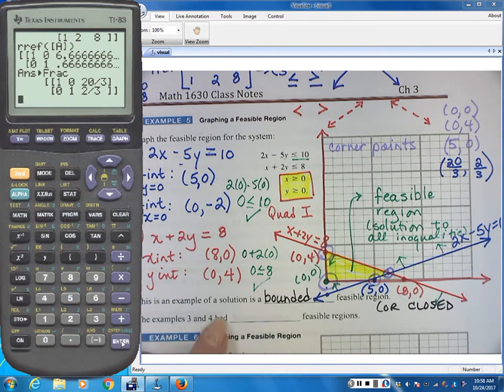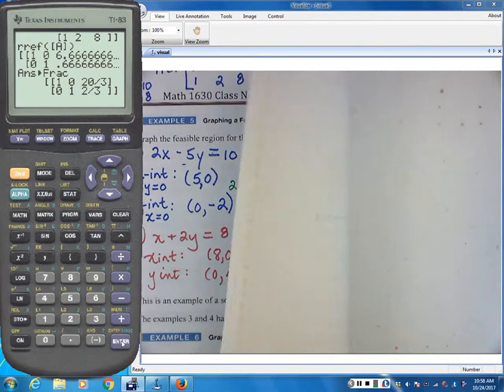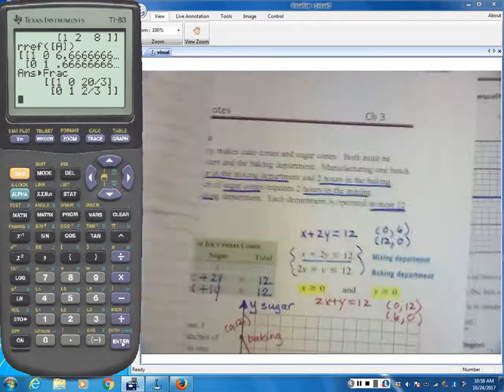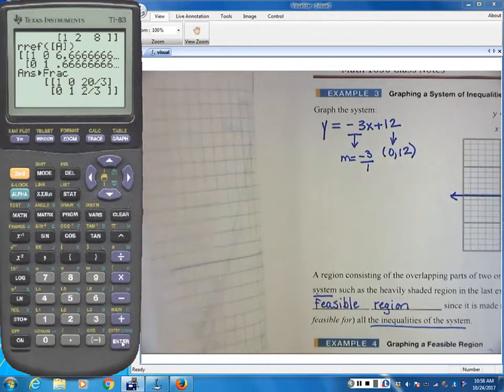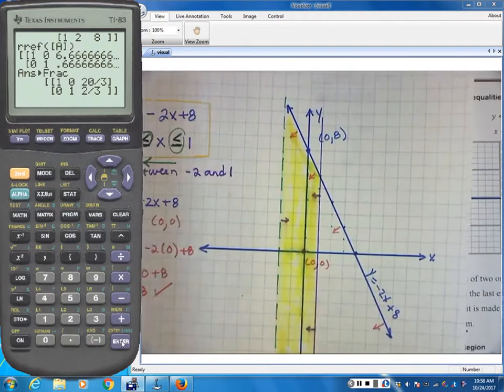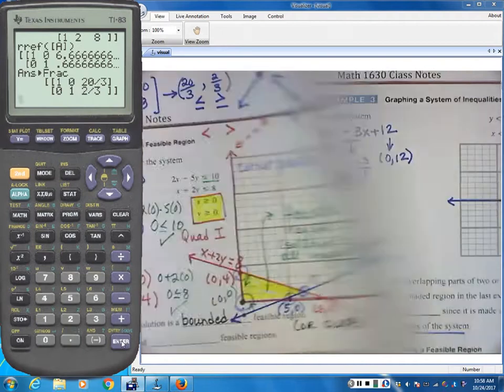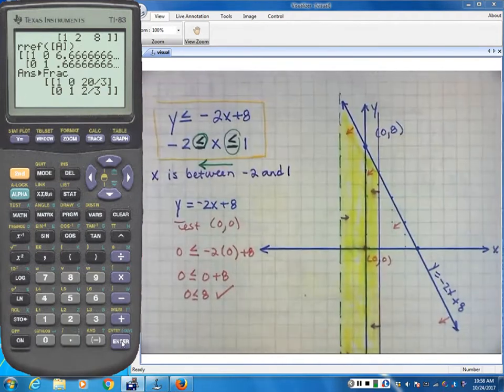Okay? If we look back at examples 3 and 4, which we did last week, okay, here's example 4.